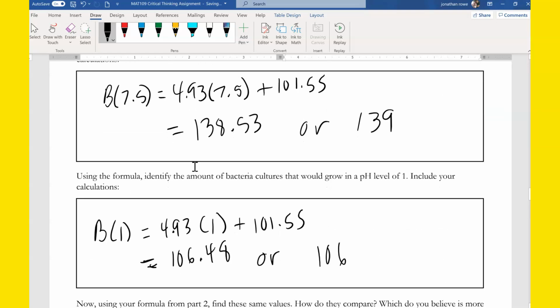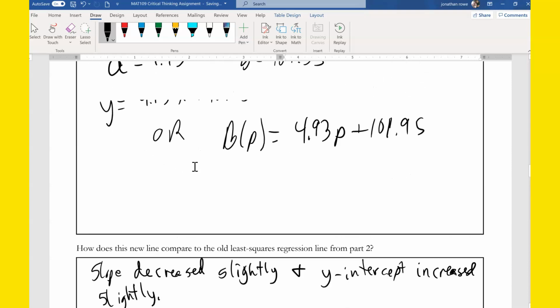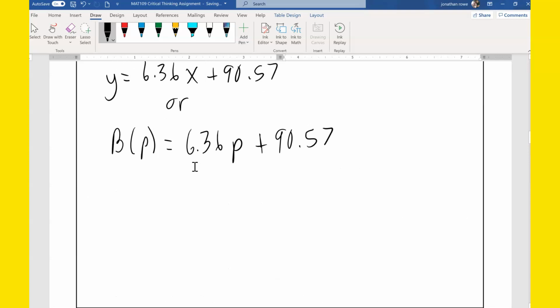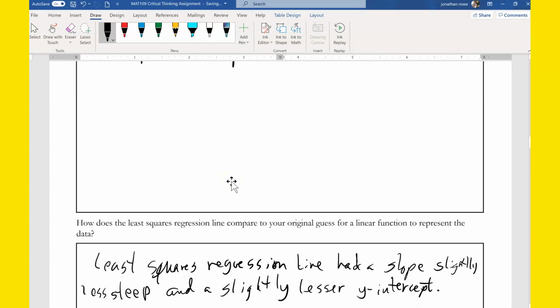Okay, so my formula from part 2 was what? From part 2, got to remember it. 6.36P plus 90.57.